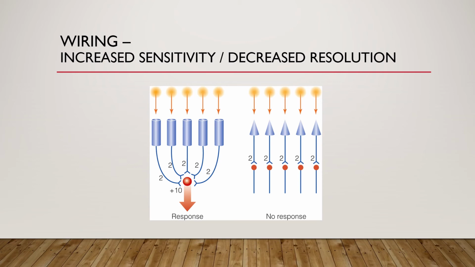So if they're each sending on 2 units of activation and they're all sending excitatory information to that bipolar cell, I'm going to move from the left to the right: 2 plus 2 plus 2 plus 2 plus 2, that equals 10. And that bipolar cell is going to respond and say, yes, there's light out in the world.